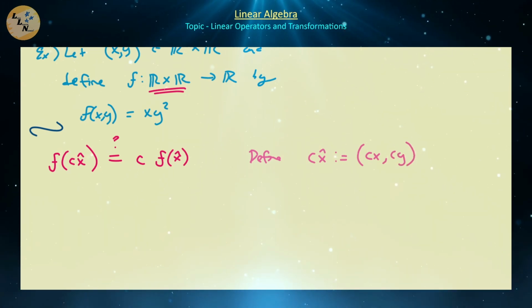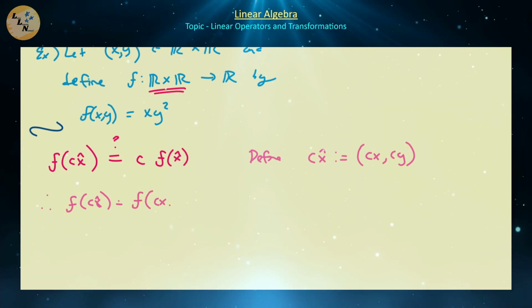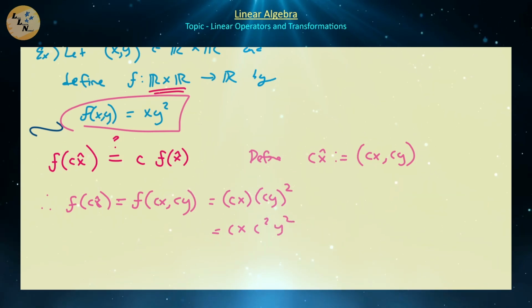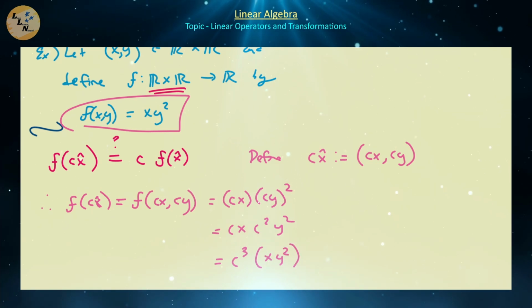Right? So if that's the case, that means that f(cx) is going to be equal to f(cx, cy) by definition, and that's going to be equal to cx times (cy) squared by the definition of the mapping f. So that's just going to be equal to cx times c squared y squared by properties of exponents, and that's going to be equal to c cubed times x y squared.